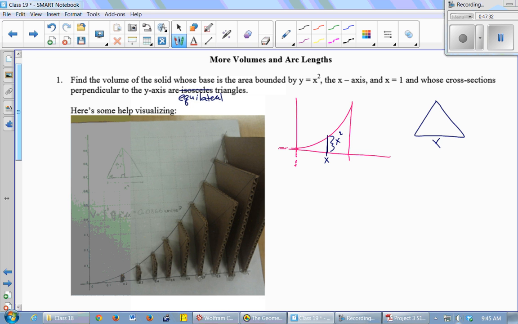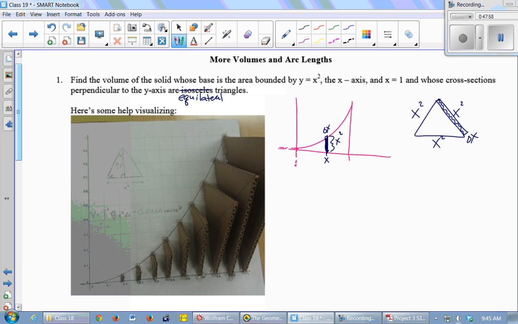So that is the side length of my equilateral triangle. All three sides are length x squared. And this thing is going to have some small amount of depth. What would that be? Delta x.